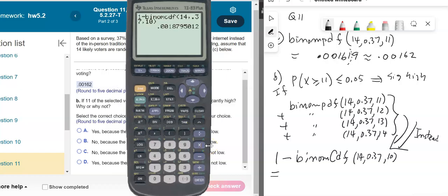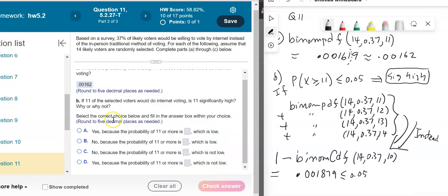If you do that, it is 0.001879, which is less than 0.05. So it is a significantly high number. Okay. Select the choice. Is 11 significantly high? The answer is yes, because of this probability.